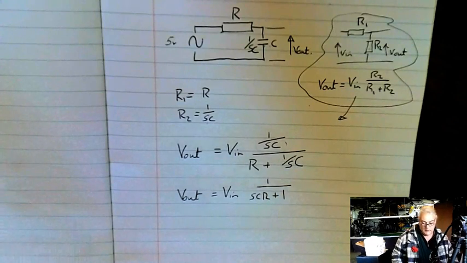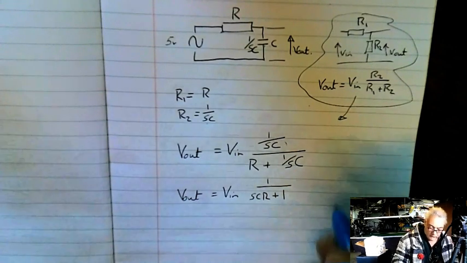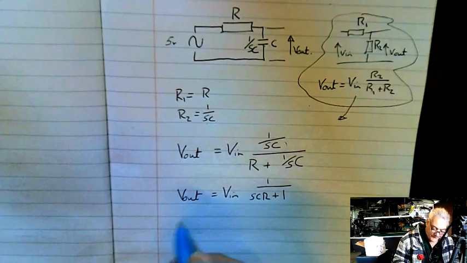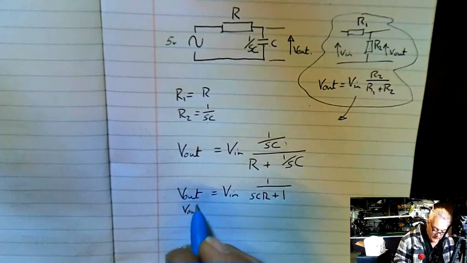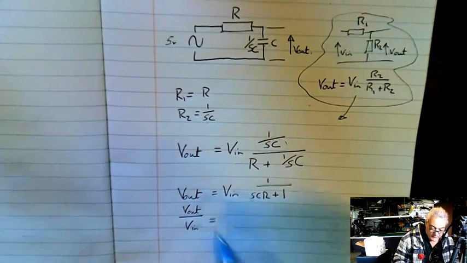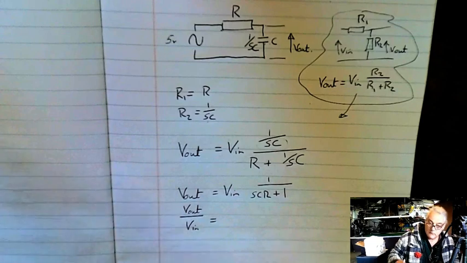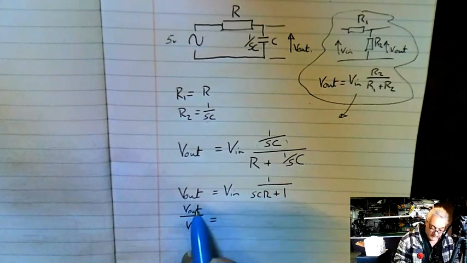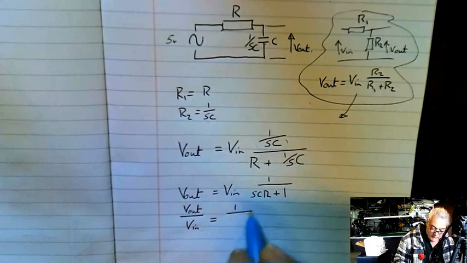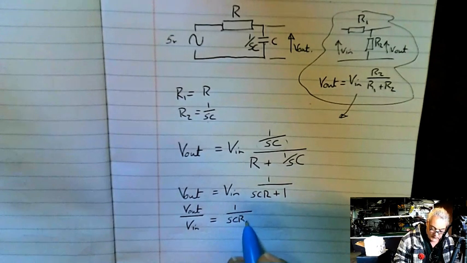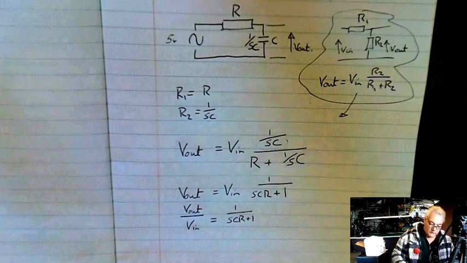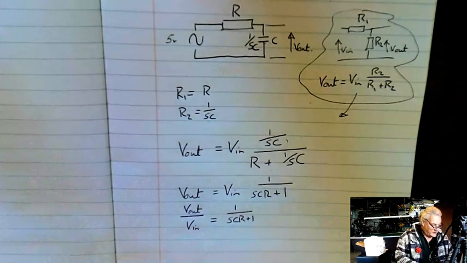So V out equals V in 1 upon SCR plus 1, or in other words, the transfer function relating V out to V in, or V out divided by V in, what happens to the output compared to the input, we end up with 1 upon SCR plus 1. So what? What good is that for anything at all?